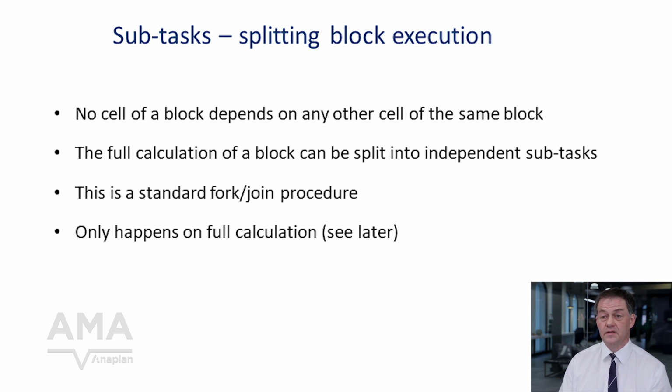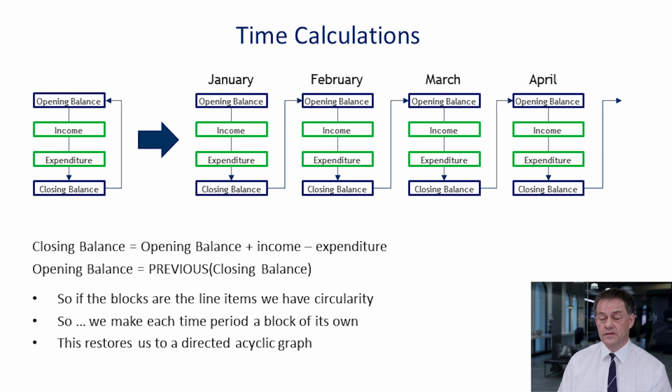Another example of this is when we look at time, and in particular the accumulate function. So the data in Anaplan is divided into blocks, and if it weren't for time, then it would be one block of data per line item. However, there are certain calculations to do with time, like opening balances and closing balances, where that would result in circular calculations.